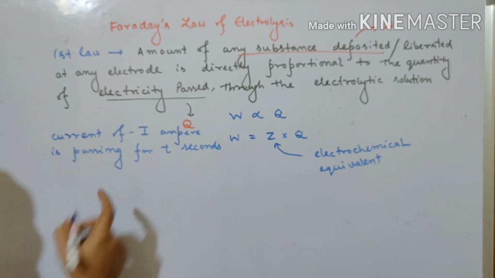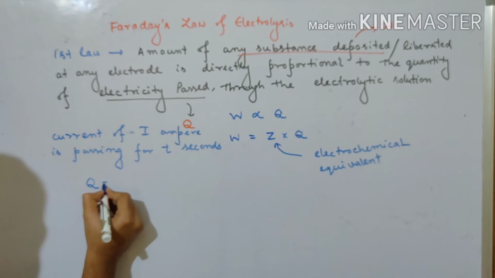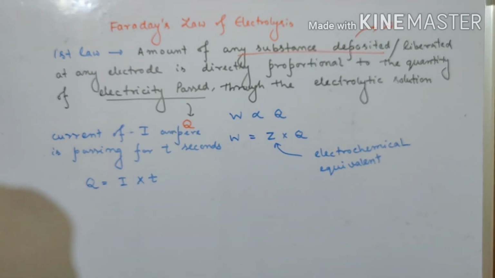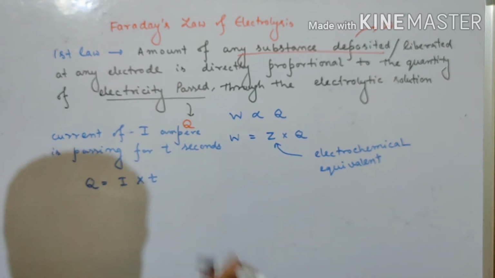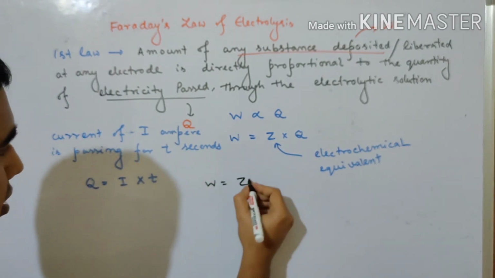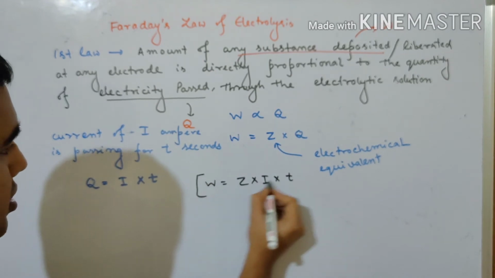In that case, the total electricity that is passed should be Q is equal to I into T. So as a result, we should be able to write W is equal to Z into I into T, and this is the formula.